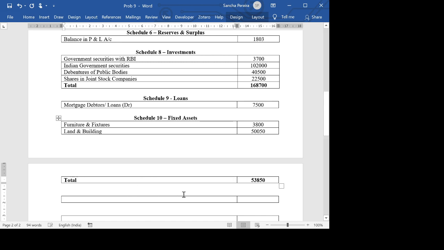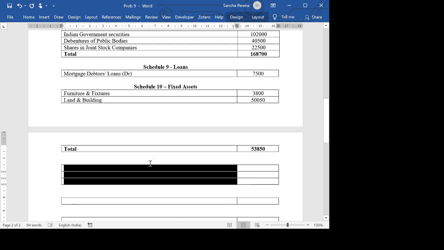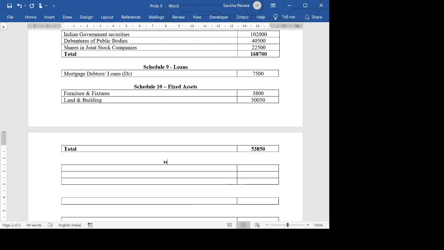Okay. Next we move on to schedule 11, which is cash and bank balances. We have two items here. We have cash in hand and cash at bank.